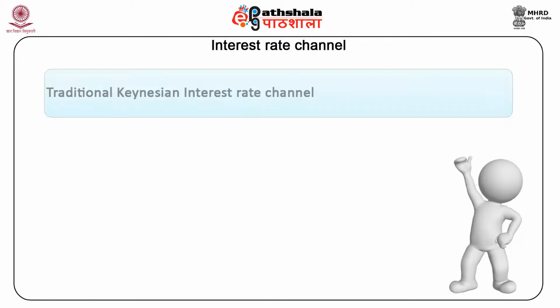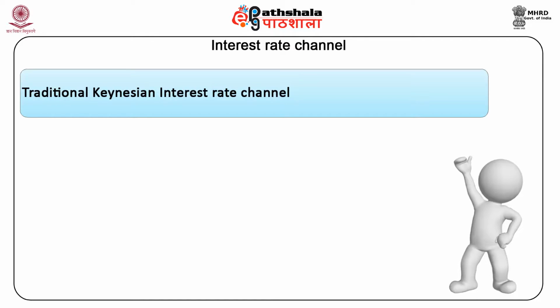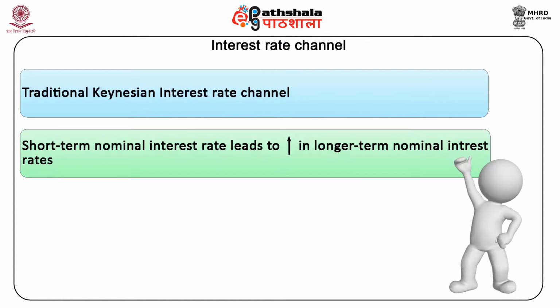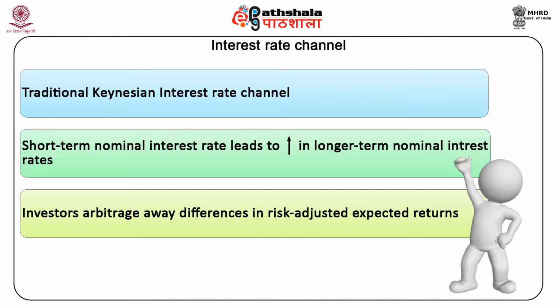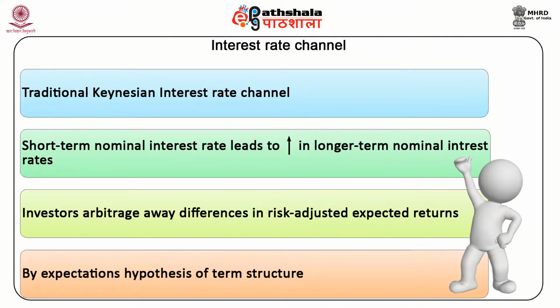According to the traditional Keynesian interest rate channel, a policy-induced increase in the short-term nominal interest rate leads first to an increase in longer-term nominal interest rates as investors act to arbitrage away differences in risk-adjusted expected returns on debt instruments of various maturities, as described by the expectations hypothesis of the term structure.